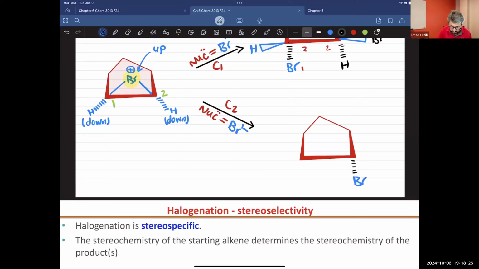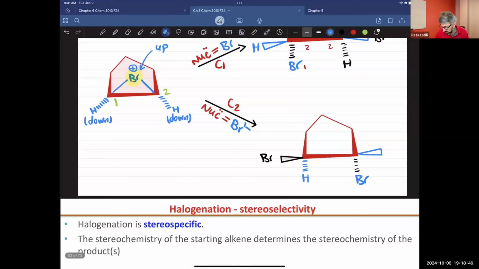The original bromide will show up on carbon number 1. So bromide will be here. And of course, I'm going to have hydrogen. One hydrogen is here, and the next hydrogen will be there. That's going to be hydrogen.